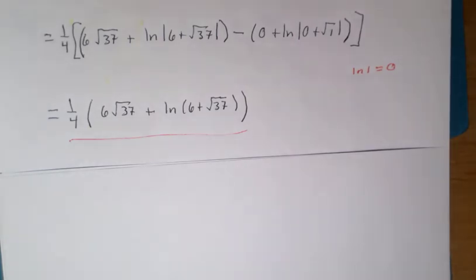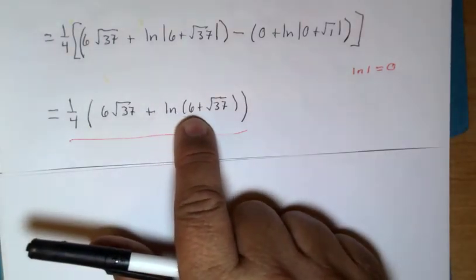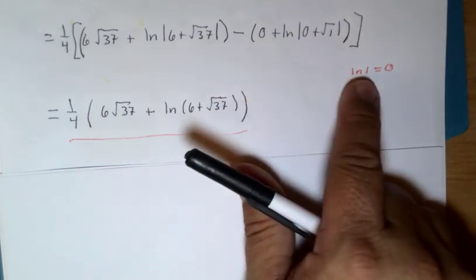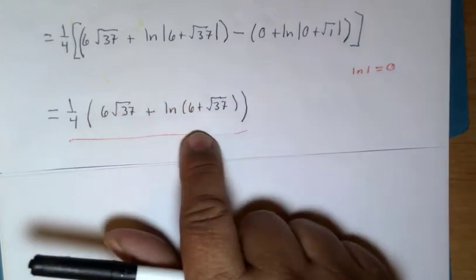In my classroom, if I don't provide a calculator for exams or quizzes, I have my students evaluate functions whenever possible. So I do not know what the natural log of 6 plus the square root of 37 is, but I do know what the natural log of 1 is. So this entire half of the expression was 0.